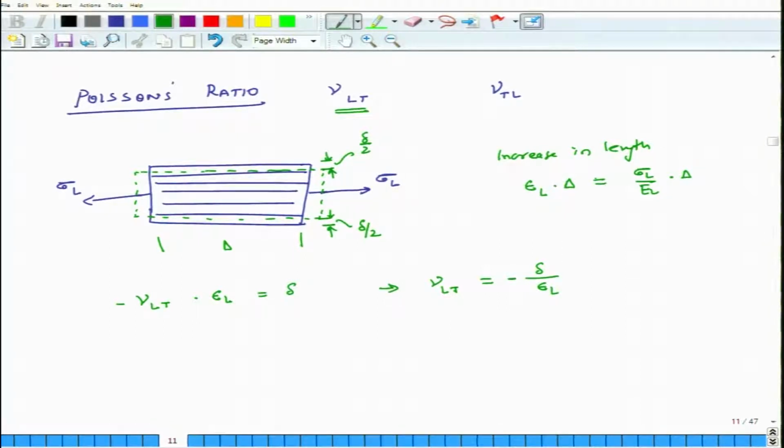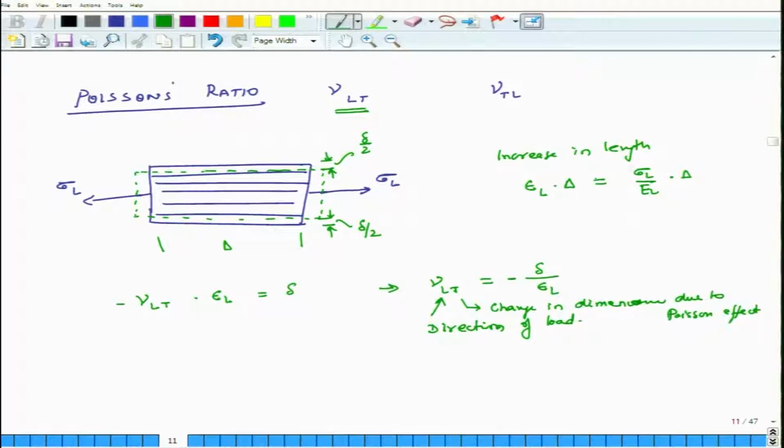So, this is the definition. What do you see here? The first index is the direction of loading, and the second index is the change in dimension due to Poisson effect, in thickness.